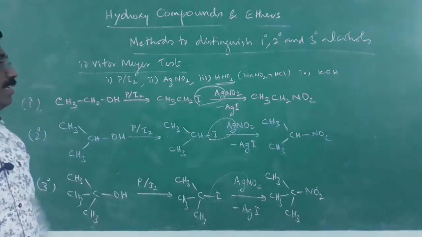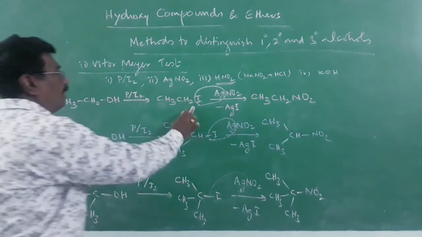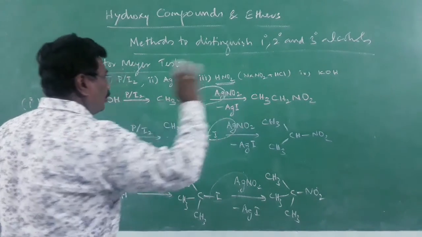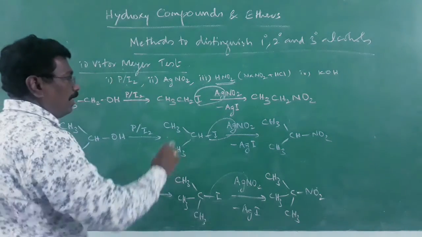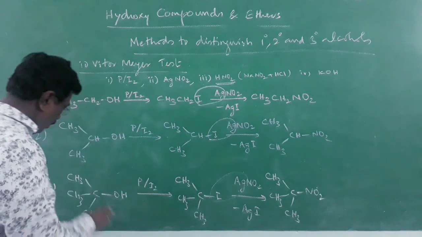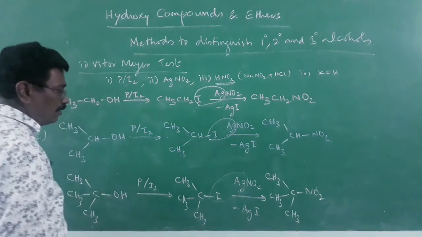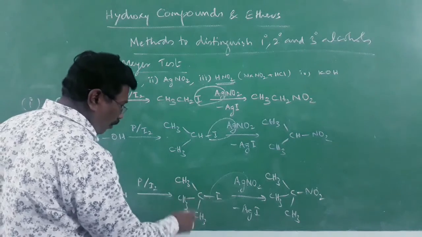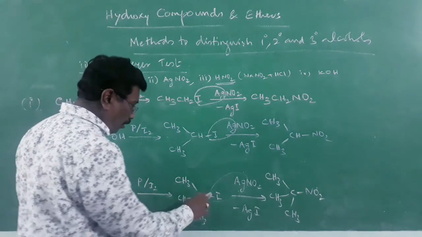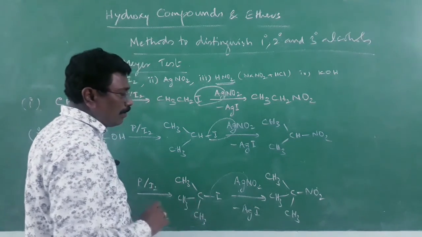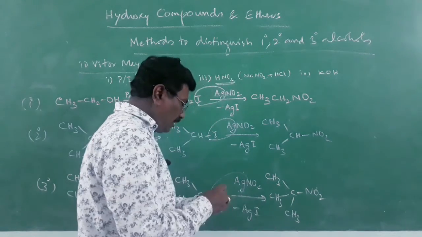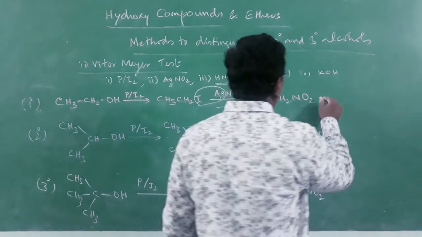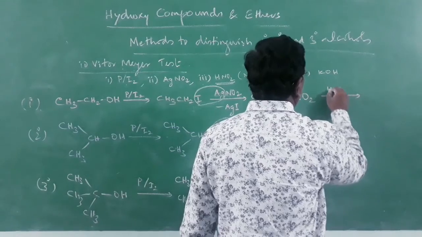So in everything, ethanol, iodoethane, nitroethane; 2-propanol, 2-iodopropane, 2-nitropropane; 2-methyl-2-propanol, 2-iodo-2-methylpropane, 2-methyl-2-nitropropane.